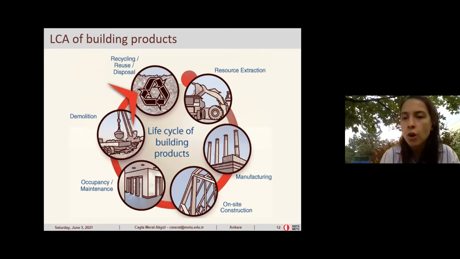Once the economical or technical value of the building is completed, then you basically demolish it and recycle, reuse whatever is possible, and dispose whatever is not reusable or recyclable. So this is a very general life cycle of building products.